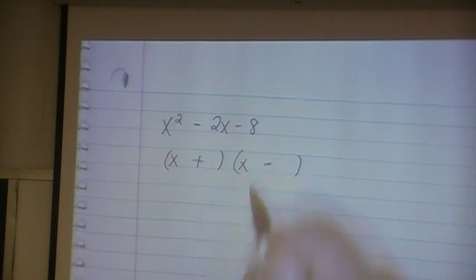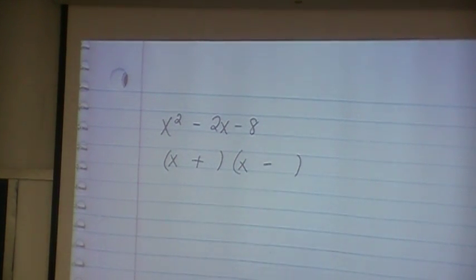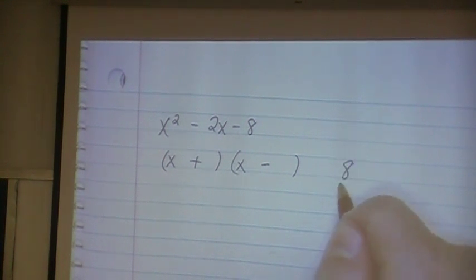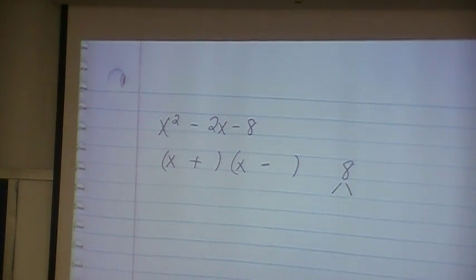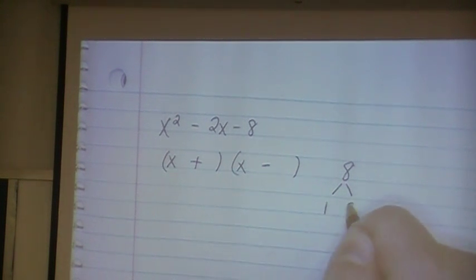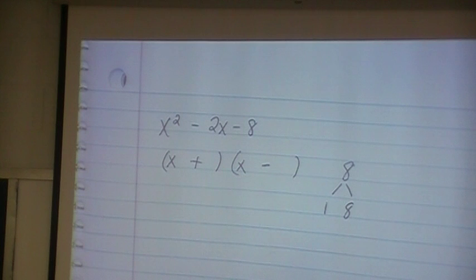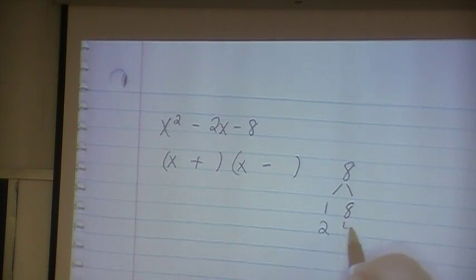Still going to break that x apart. I'm still going to pull out that last number, and I'm still going to factor it. Factors of 8. Well, I've got 1 and 8. I've got 2 and 4.